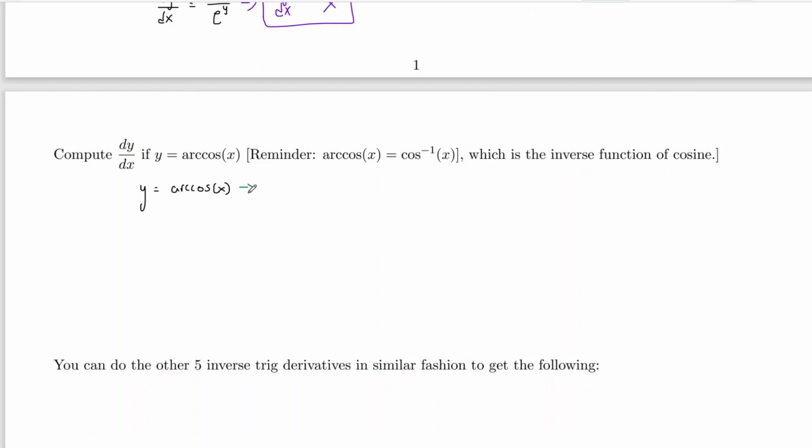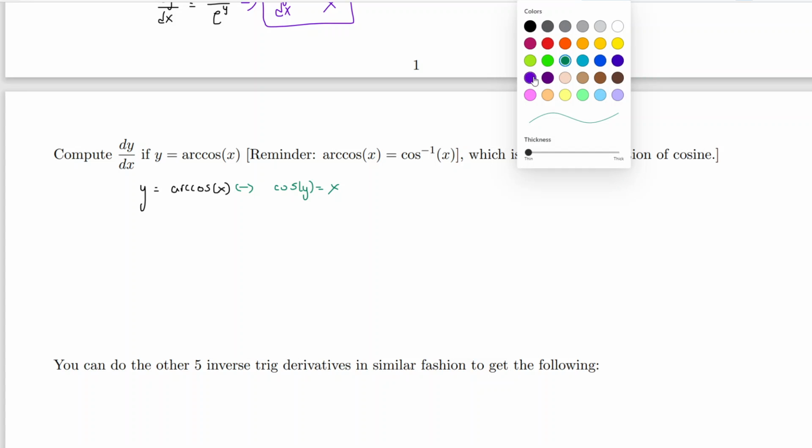Well, the thing you want to remember about inverse trig functions is that you can move them to the other side as their regular counterpart. So arc cosine of x over here becomes cosine of y, and you get cosine of y equals x. So hopefully you remember that. The main reason is that you do the cosine of each side, and the arc cosine and the cosine cancel out, so you get cosine of y equals x.